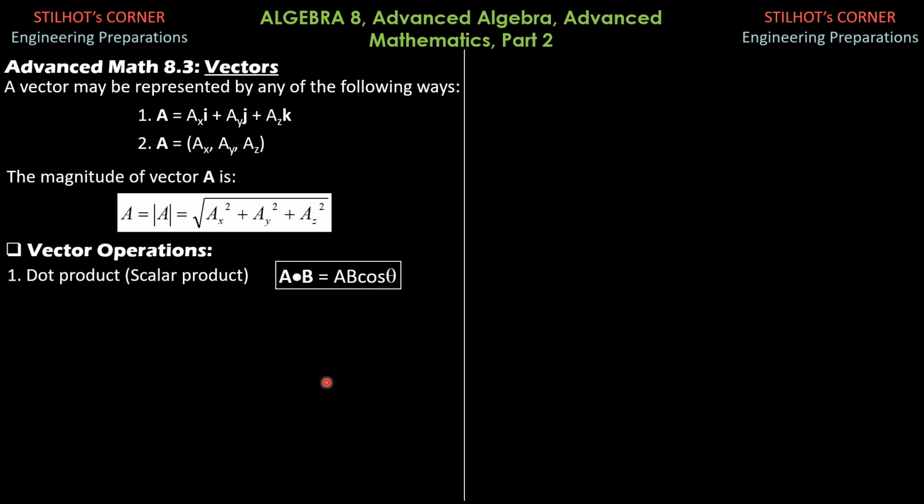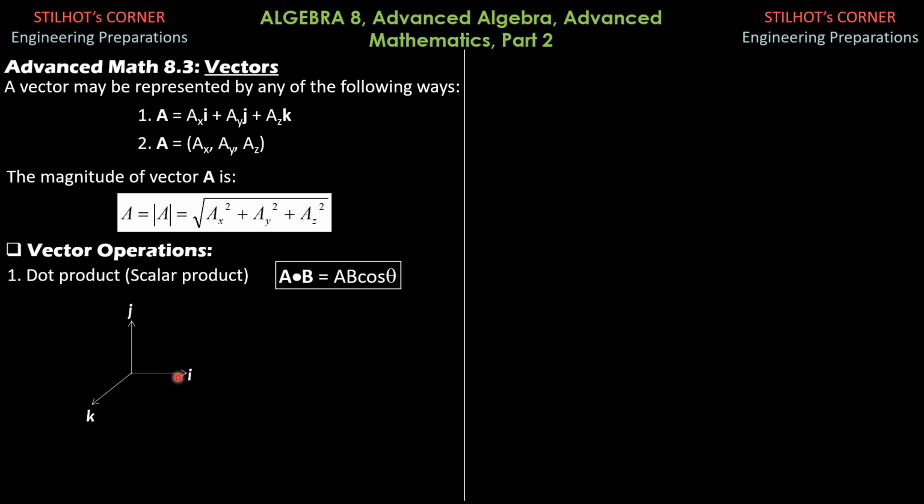So we can find the angle between two vectors by this dot product. And we can also find the component of one vector in the direction of the other and vice versa by using this dot product. So let's have the unit vectors.